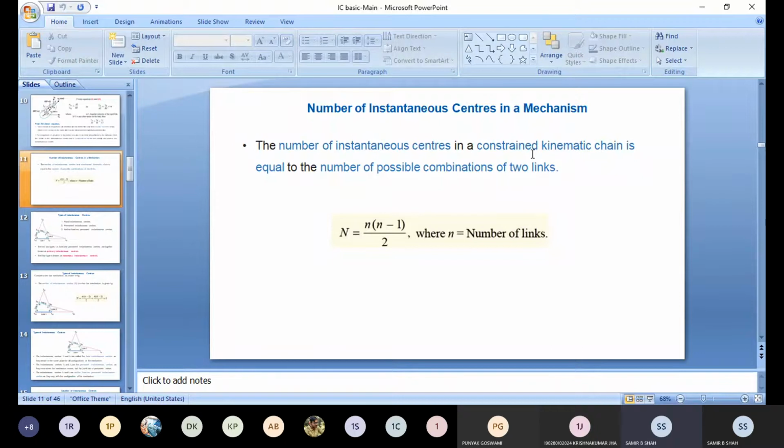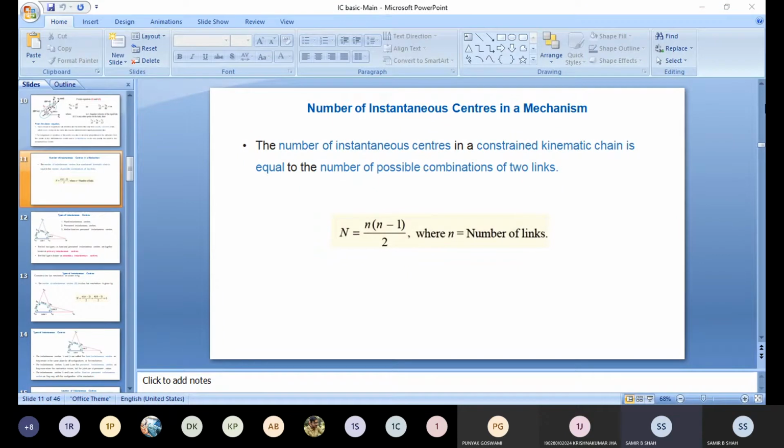Suppose we have a 4-bar chain mechanism. We know that 4-bar means there are 4 links, so in place of small n, we have to put 4.